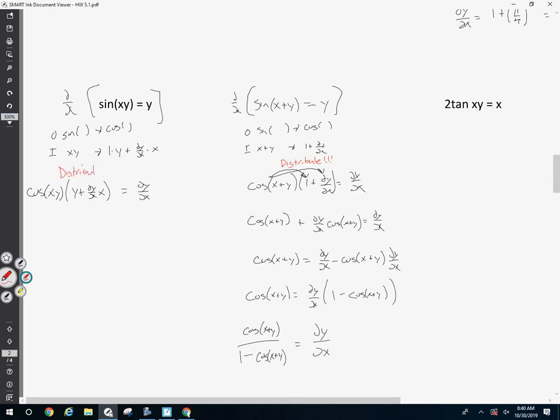To be able to manipulate things when we have dy/dx's on both sides, but we have parentheses and multiplication, we need to distribute. Distribute the cos(xy) to the y and to the dy/dx. You get y cos(xy) plus dy/dx x cos(xy) equals dy/dx. Again, move things and divide.